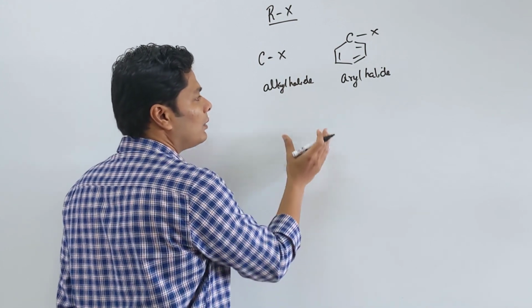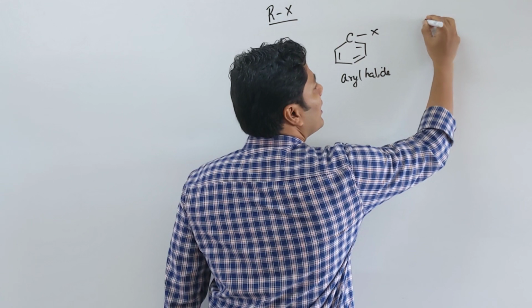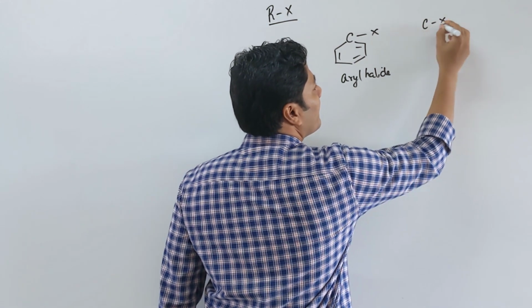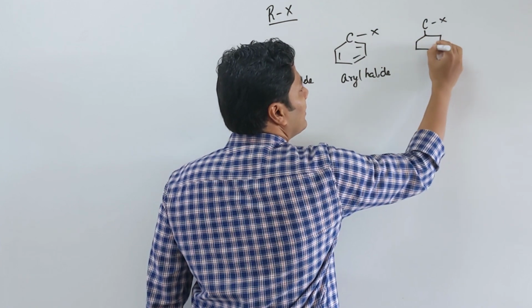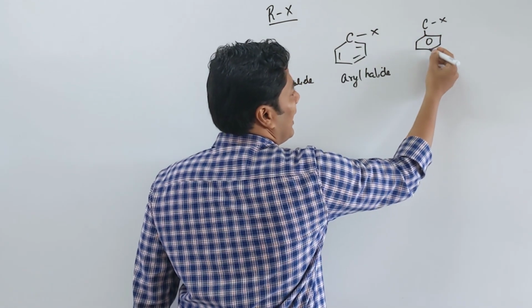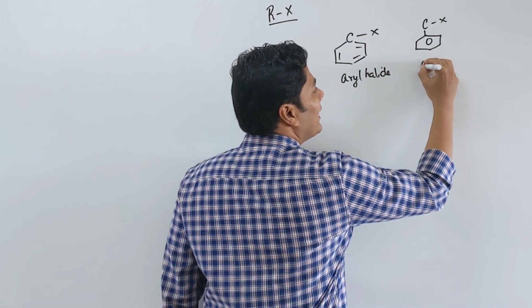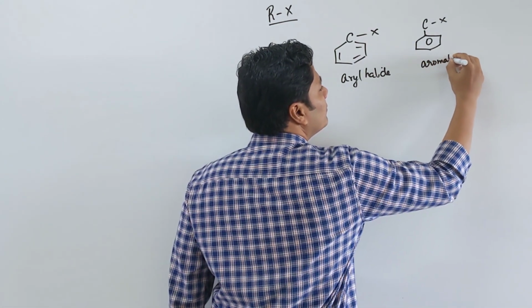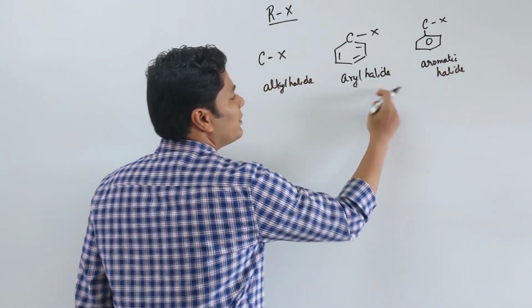And there is one more which is intermediate between the two, where the carbon is attached to a halogen, and in that molecule somewhere I have an aromatic ring. So these are aromatic halides. Now what's the difference between these two?